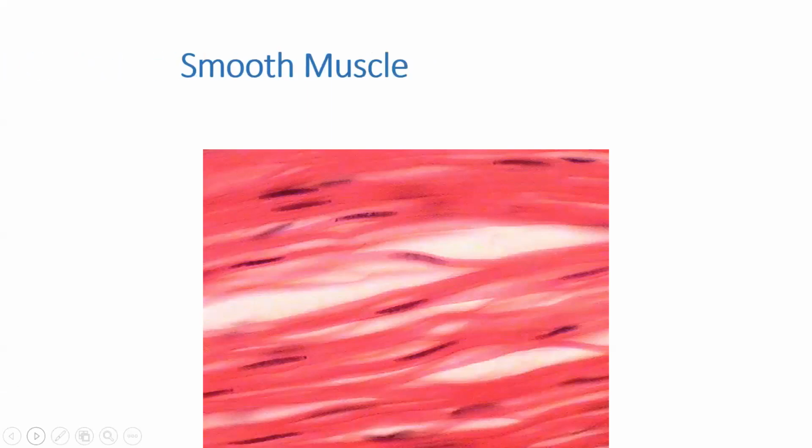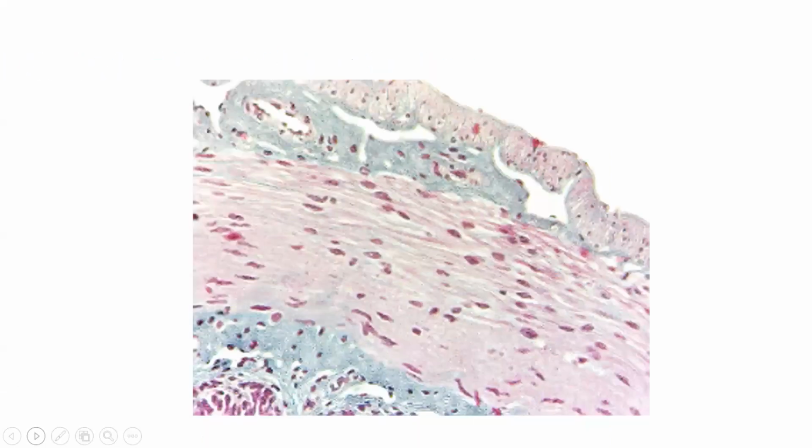This is a cross section of the top of the small intestine, and right in here our digestive system, about 30 feet, is lined with smooth muscle in two layers, a circular layer and a longitudinal layer that allows us to squeeze and propel the contents of the digestive system from start to finish, from the mouth to the anus.